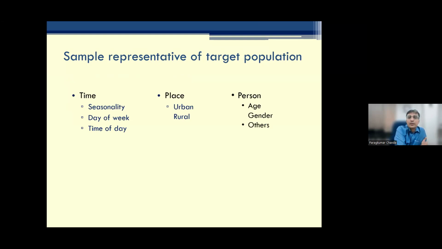Second, we have already talked about whether our study sample is representative of even the accessible population: time, seasonality, day of the week, and time of the day, and in terms of place. If we receive a large number of urban patients in our OPD, then probably we will be able to generalize our findings to only urban hypertensive people and not necessarily rural hypertensive people.